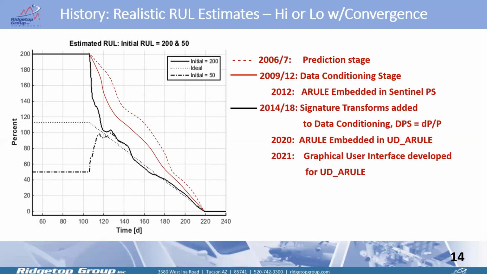So we have basically an almost 50% error. The NASA method says that you should gradually change from your initial estimate and become increasingly accurate as you approach end of life. And that's basically what we did when we started back in 2006 and 2007. And we would produce data as shown by the dotted line.